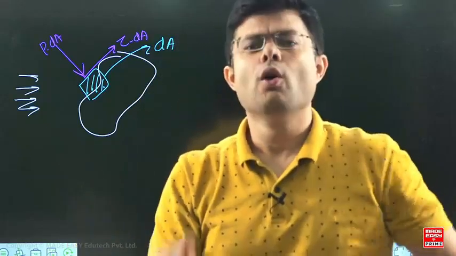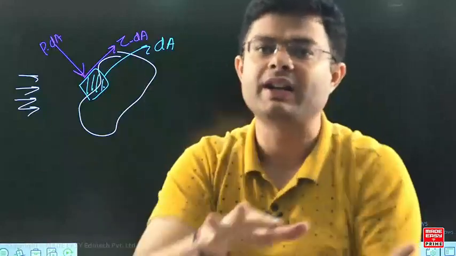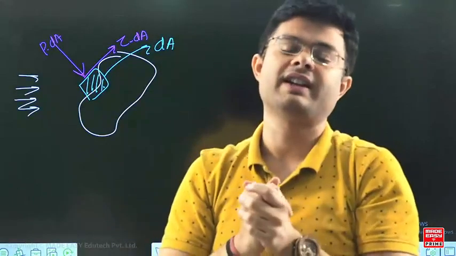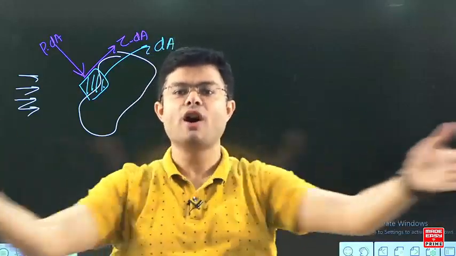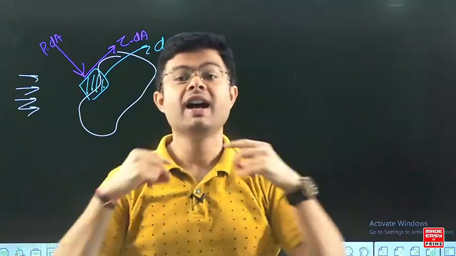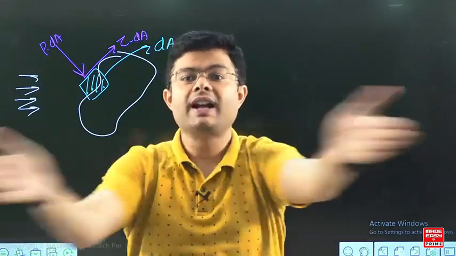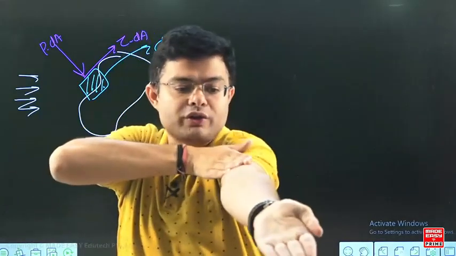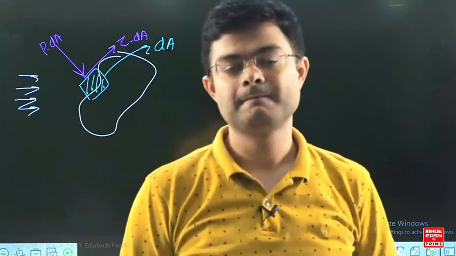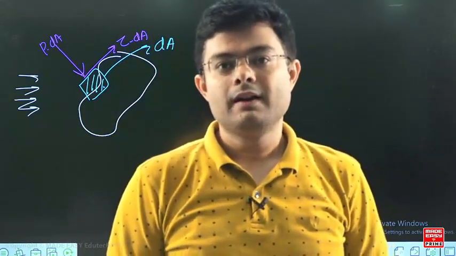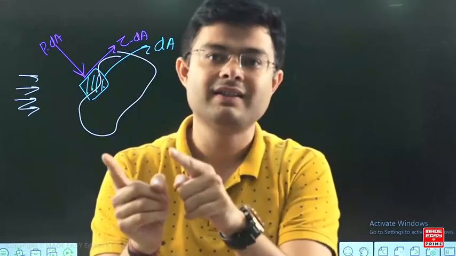Listen carefully, over any body which is kept in a fluid, 2 types of forces are created. One force is created due to head-on collision of the body with the fluid, and that is known as pressure. And after head-on collision, the fluid is going to slide over the surface of the body, that will create shear.